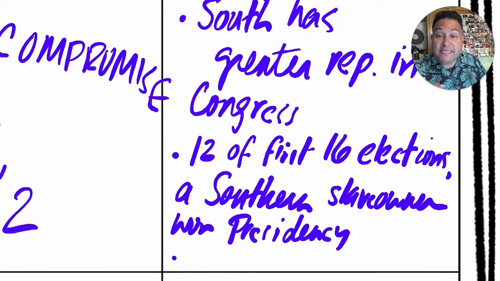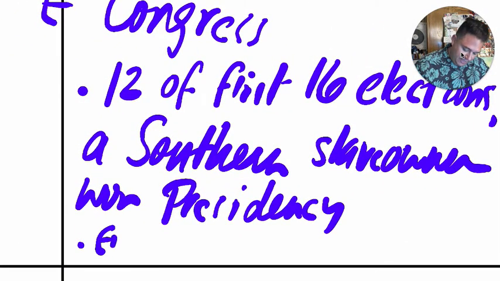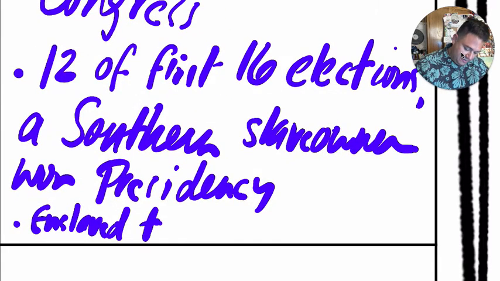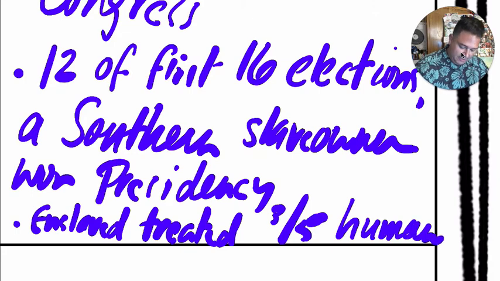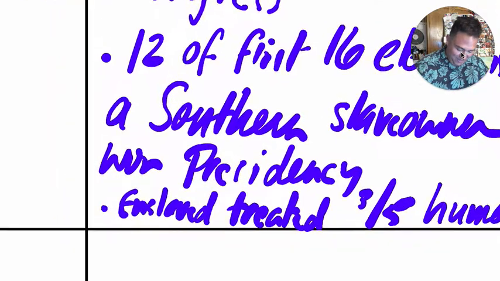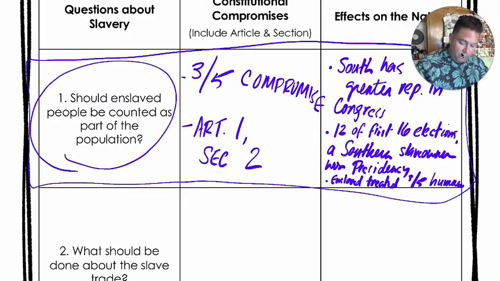This is an idea that we got from the Crash Course Black American History video, where essentially the enslaved were treated like 3/5 of a human. Should probably make this a little bit of a finer point. Okay. And that is part 1 right there.